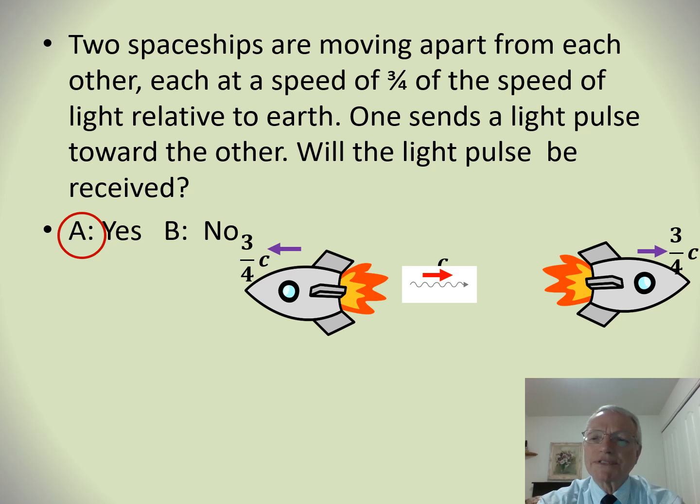They're moving apart from each other at what looks like 1.5 times the speed of light. But as soon as the one on the left sends the light pulse out, it's moving at c, and the other ship is only moving at 3/4 c, and so the light pulse will catch up.